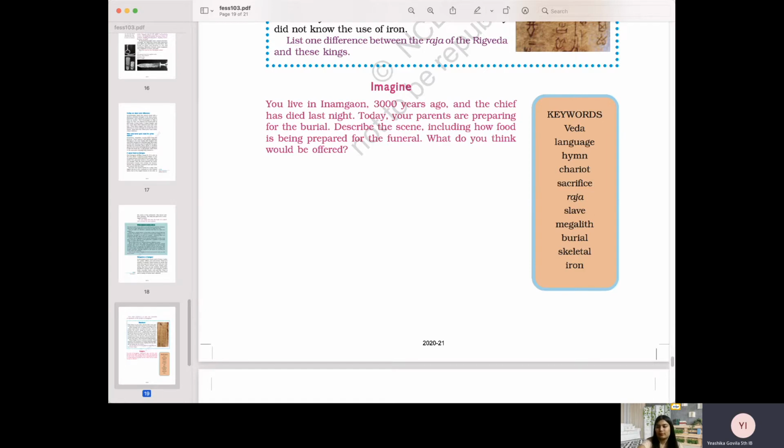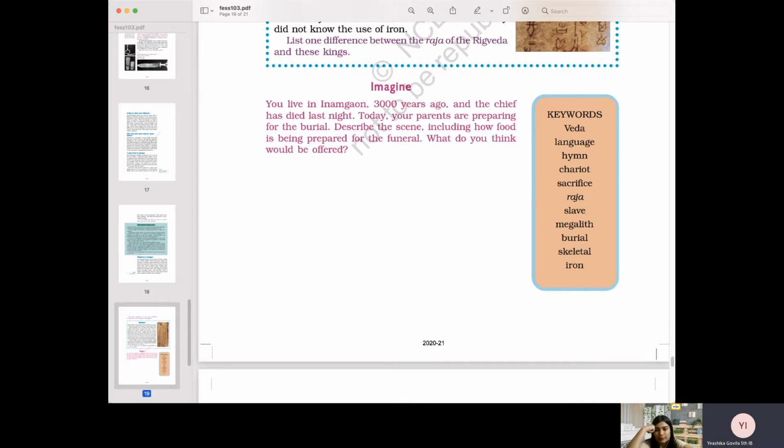Then Raja is when a group of people make one person a Raja, who takes care of everything. Yes, that's correct. And slave is a person who works. Like if the king says get me water, then he'll get water. Yes. Then megalith.